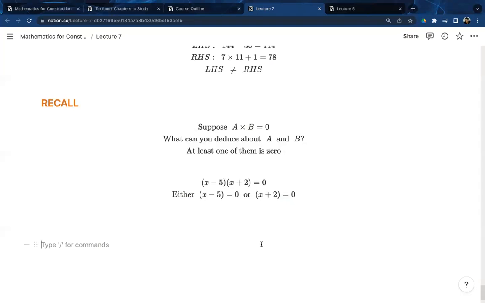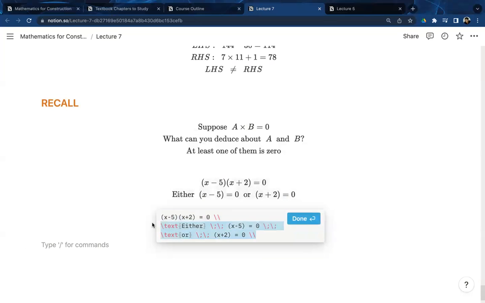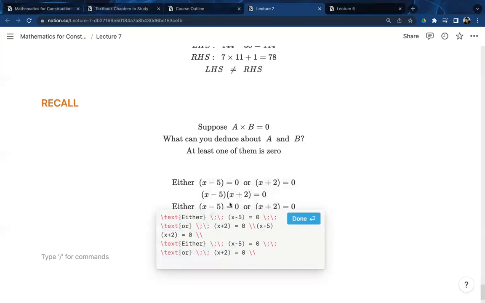Yes. Well, what would that mean if both of them are 0 at the same time? If both brackets are 0 at the same time, we could follow this conclusion here. I could say, well, if x minus 5 equals 0, then either x equal 5 or x equal -2.